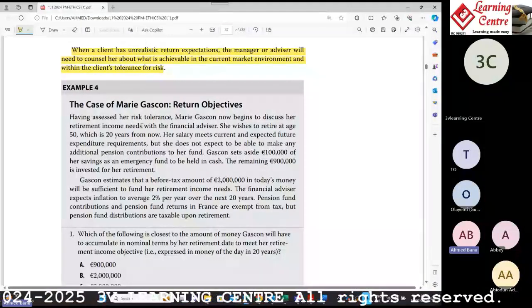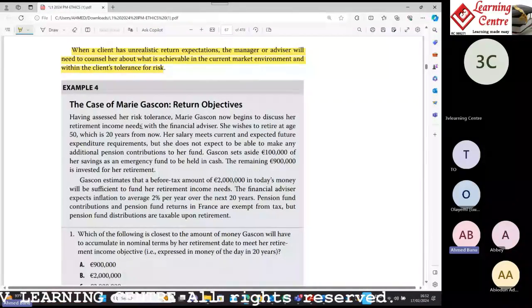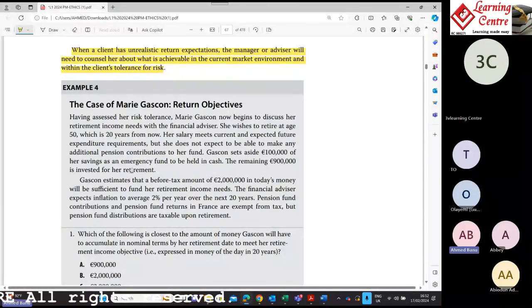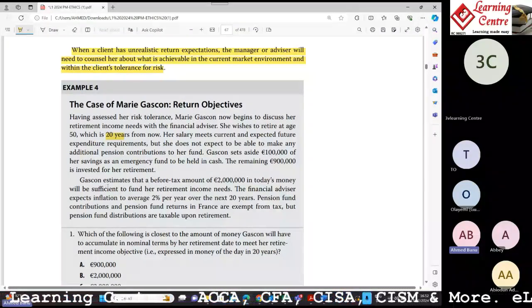Having assessed her risk tolerance, Marie Gaston now begins to discuss her retirement income needs with the financial advisor. She wishes to retire at age 50, which is 20 years from now. Her salary meets current and expected future expenditure requirements, but she does not expect to be able to make any additional pension contributions to her fund.